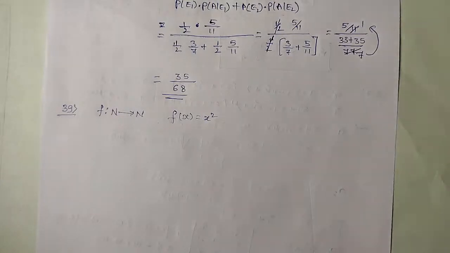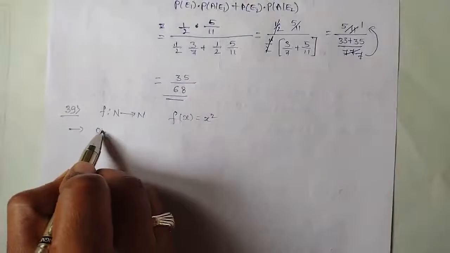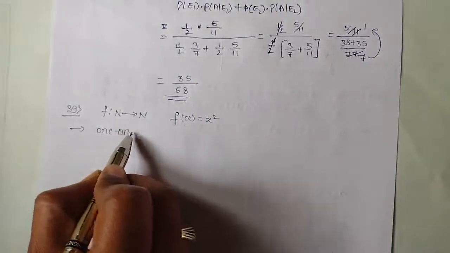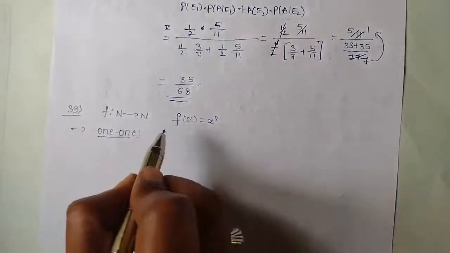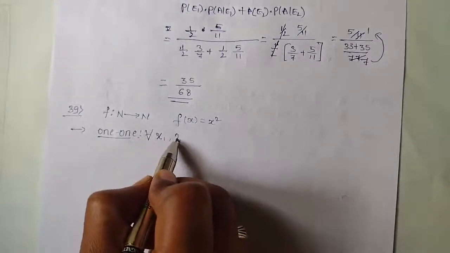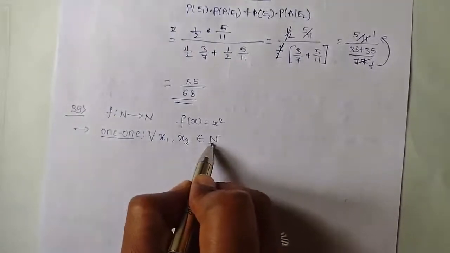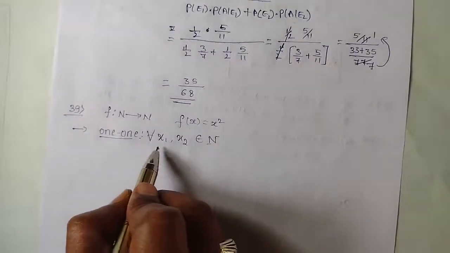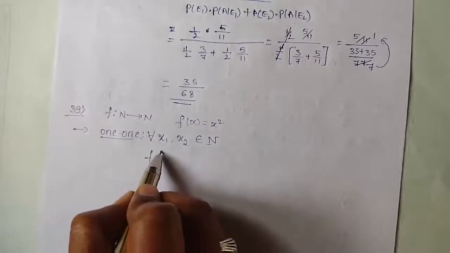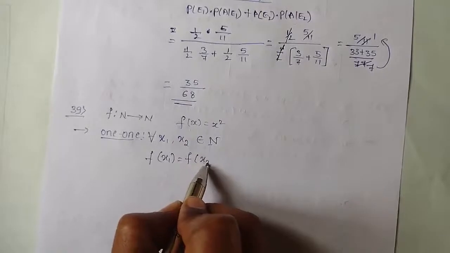You have already worked out all the problems by taking a one-one function. Before that, first take two elements from the natural numbers: for all x1, x2 belongs to N. By the definition of a one-one function, f of x1 is equal to f of x2.